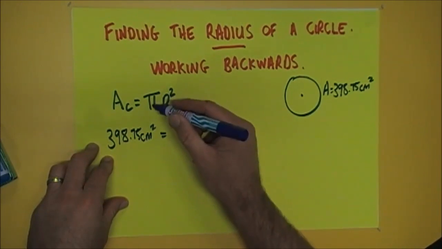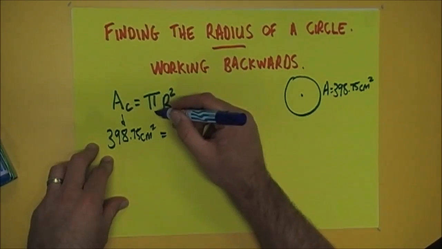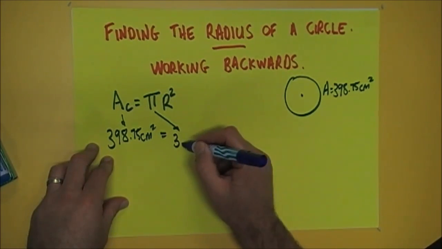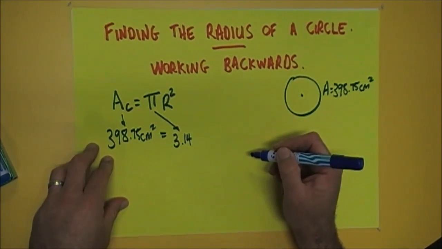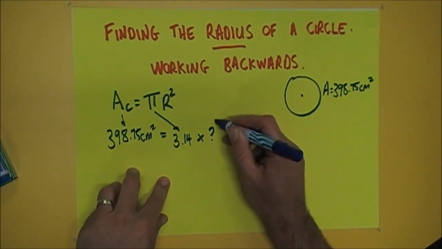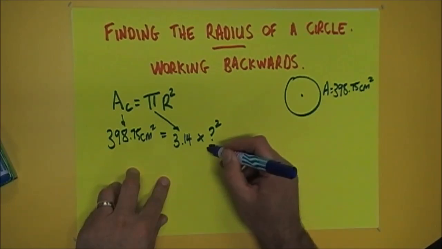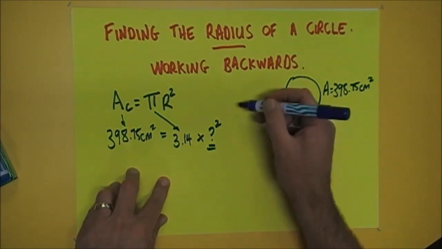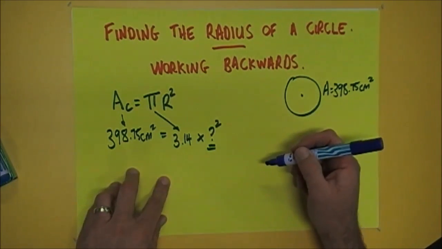I know that is equal to pi, let's round off at 2 decimal places. I don't know what the radius squared is, so this is what I want to find out. So basically I've just substituted all the things I already know.